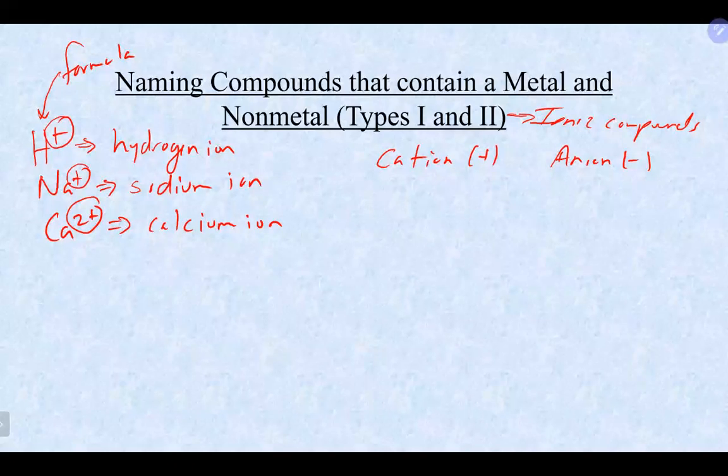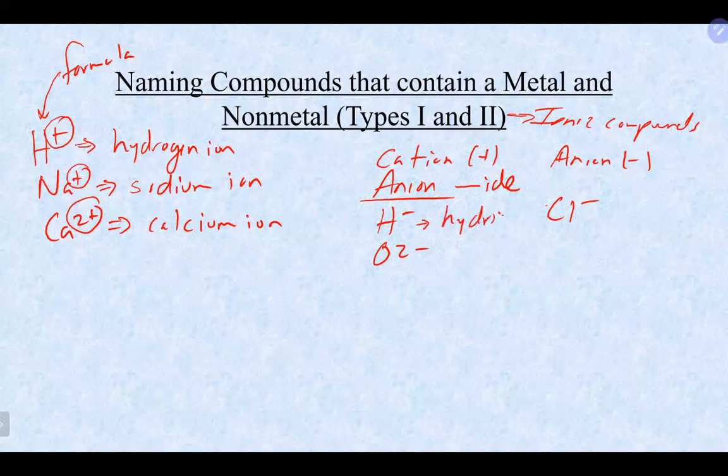Now, anions, on the other hand, are named a little bit differently. Anions like H-, for example, or O2-, or Cl-, basically take the first part of the name and then get the -ide treatment at the end of it, as I think we talked about at the end of a previous chapter.